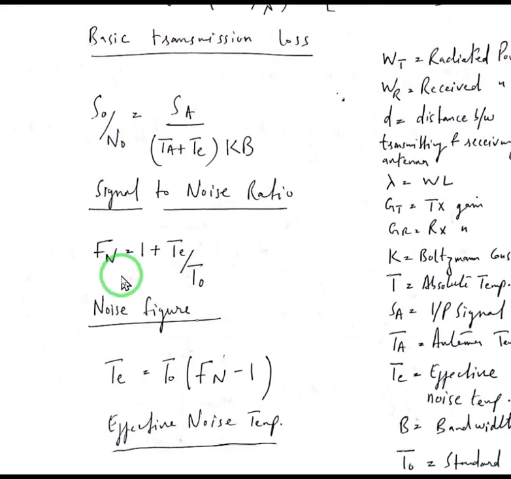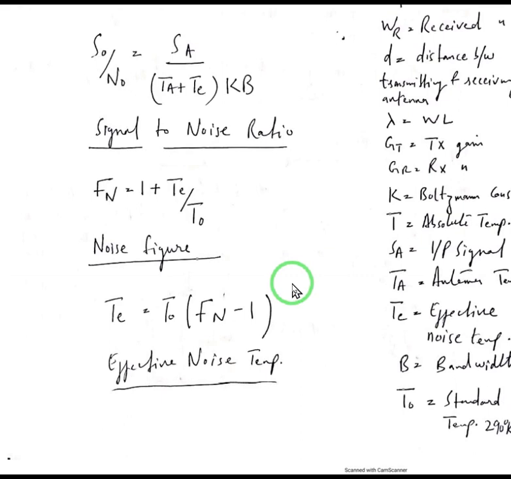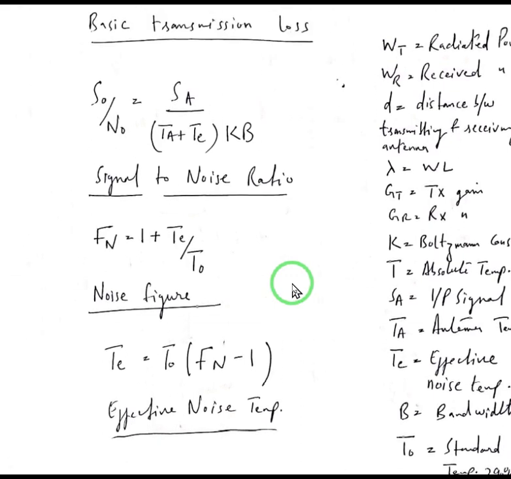The formula for the noise figure is 1 plus TE over T naught, where TE is defined as the effective noise temperature and T naught is the standard temperature, that is 290 degrees Kelvin. So it is basically the ratio between the effective noise temperature and the standard temperature.